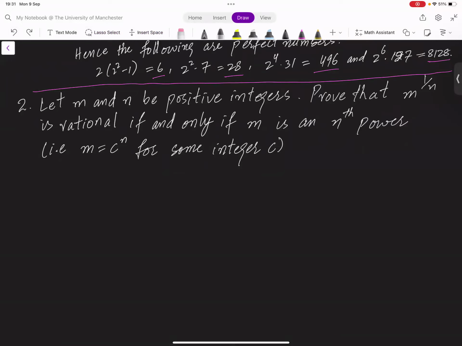Prove that the nth root of m, or m power 1 over n, is rational if and only if m is an nth power, or you can say can be written as c power n for some integer c.